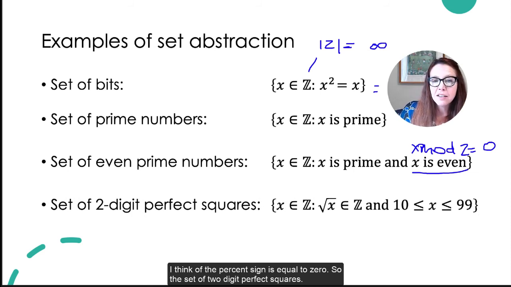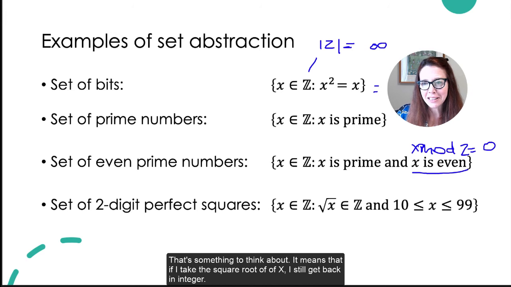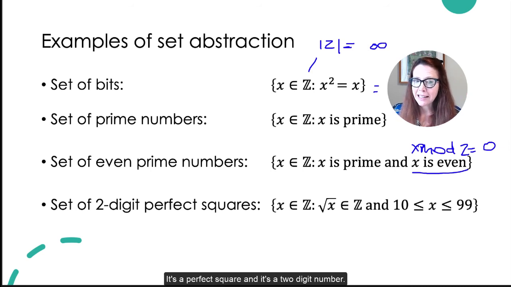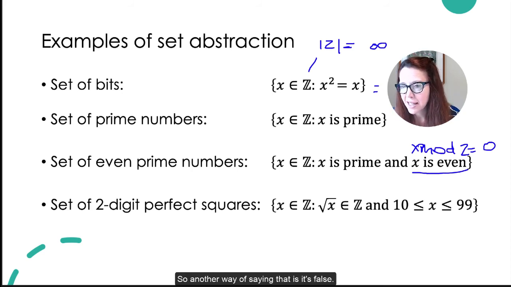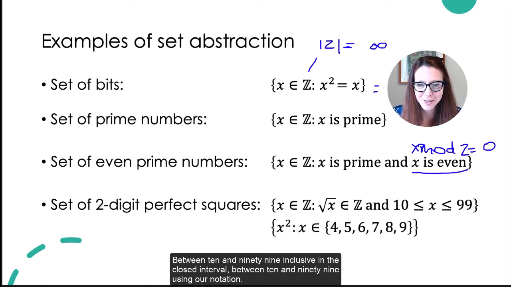So the set of two-digit perfect squares: those are all the integers such that the square root of x is also an integer. That's something to think about. It means that if I take the square root of x, I still get back an integer. It's a perfect square, and it's a two-digit number. Another way of saying that is it falls between 10 and 99, inclusive, in the closed interval between 10 and 99 using our notation.